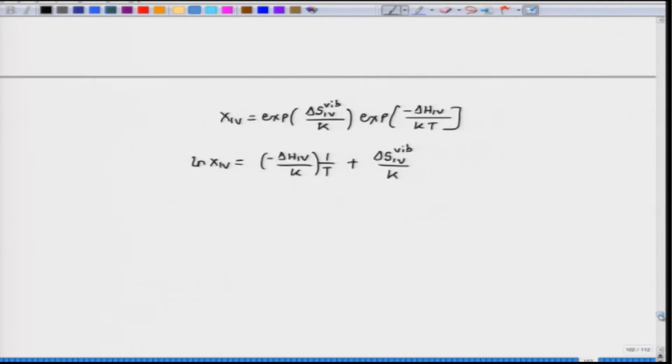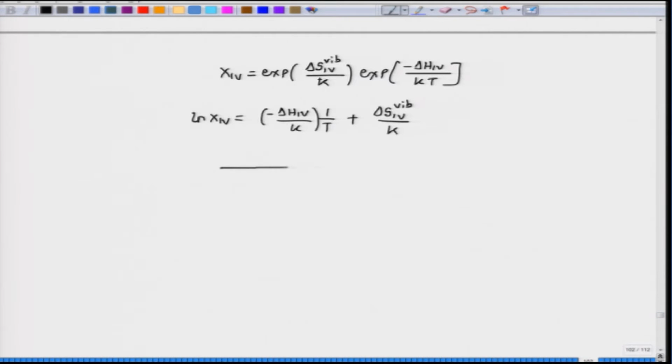So, if we plot the log of vacancy concentration as a function of reciprocal of temperature, we should be able to fit the data with a straight line.